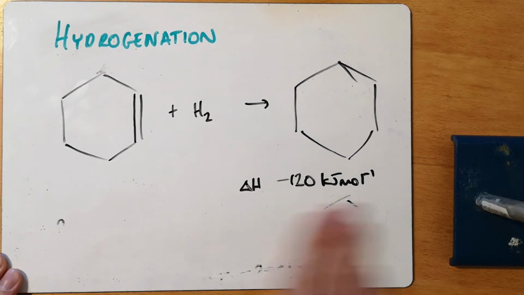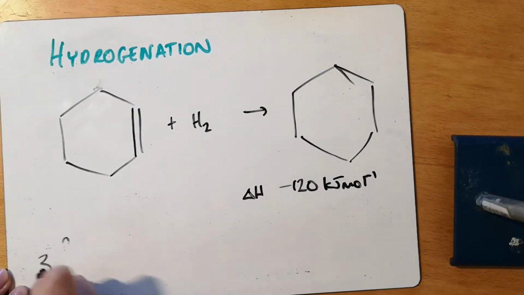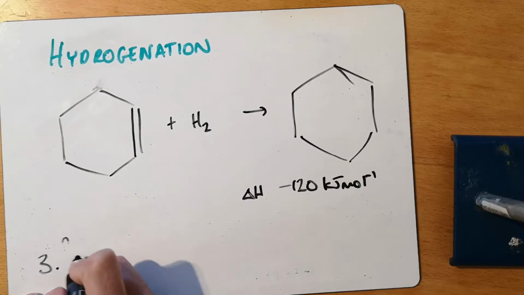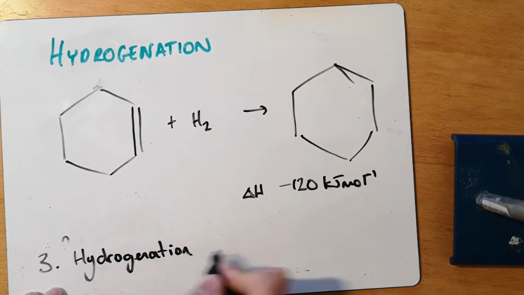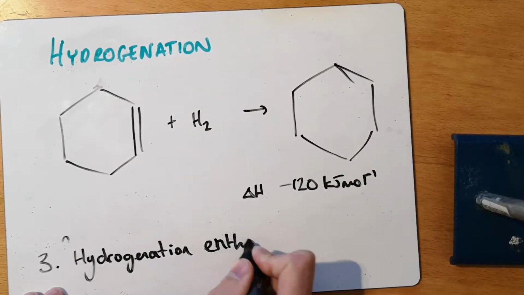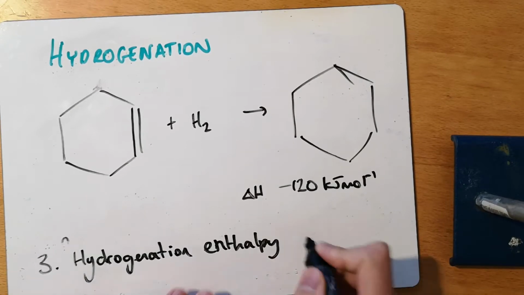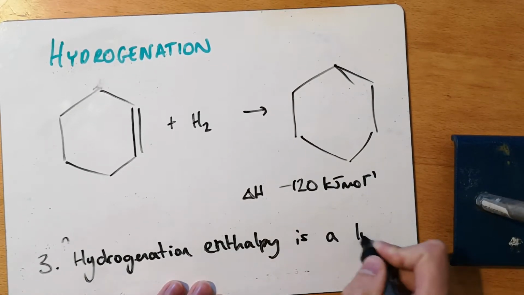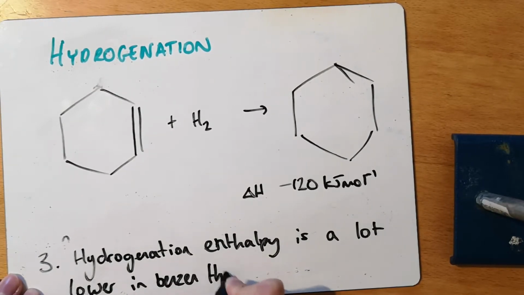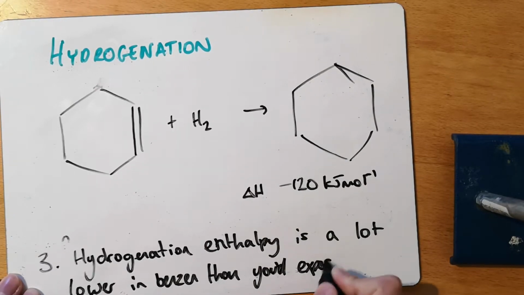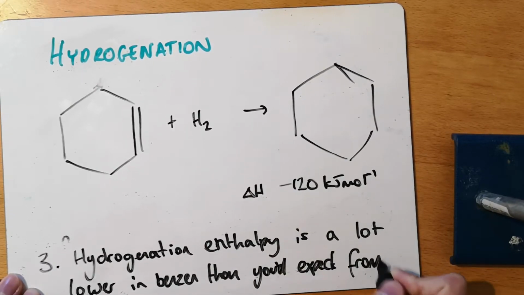So number 3 of our 3 reasons is that the hydrogenation enthalpy is a lot lower in benzene than you'd expect from Kekule's structure.